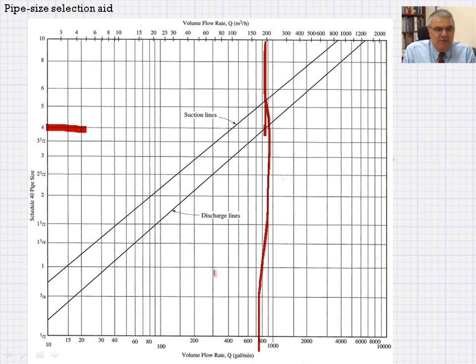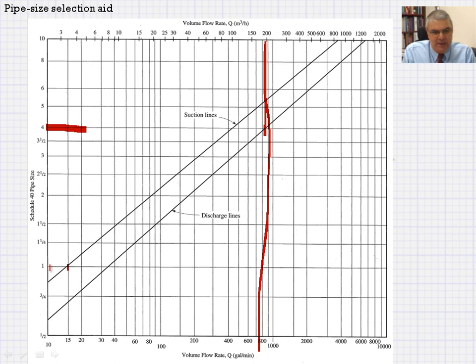Let me give you another example. For a size 1, Schedule 40 pipe, the volume flow rate Q should be 15 gallons per minute.